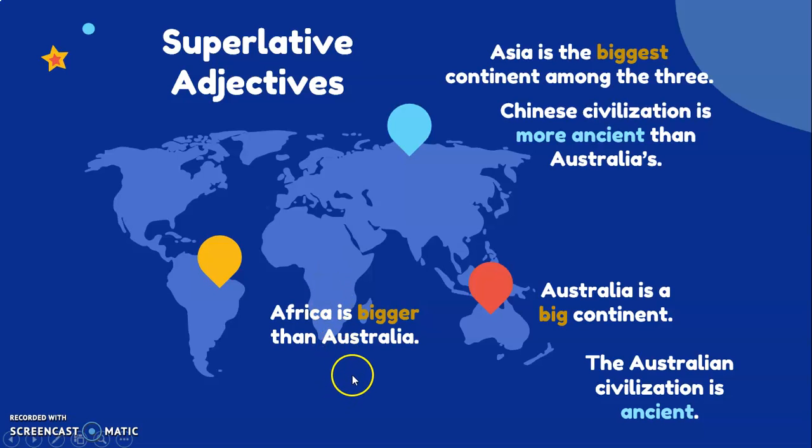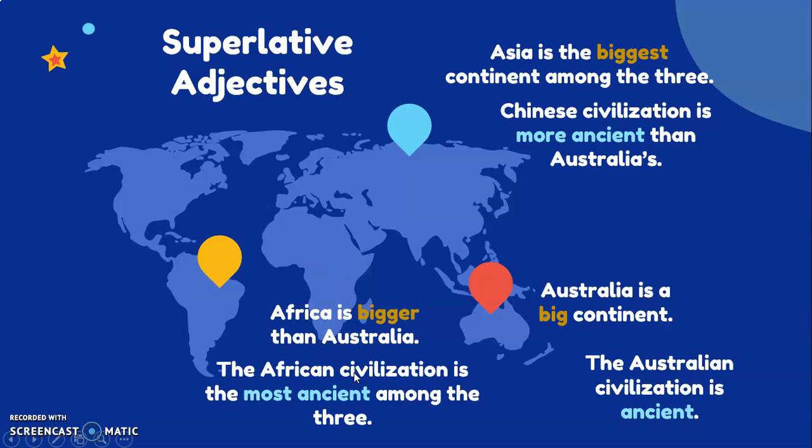What about for the third one? We will say the most ancient. The African civilization is the most ancient among the 3. And again, I would like to draw your attention to these words because students very often miss them. When we're doing comparative adjectives, comparing 2 things, we need the word than.